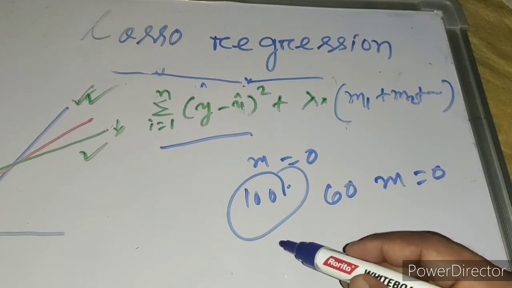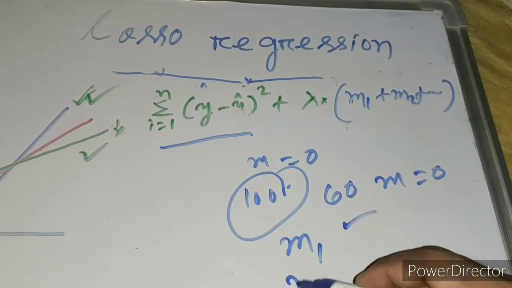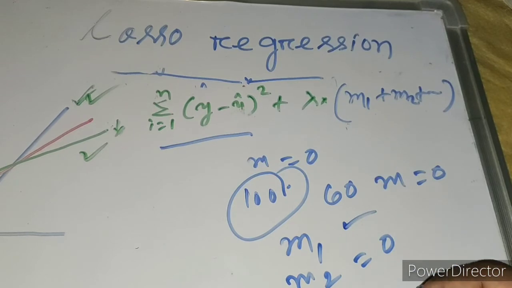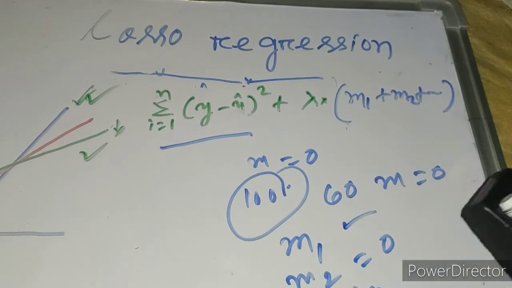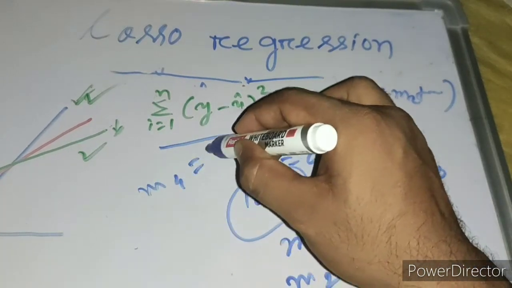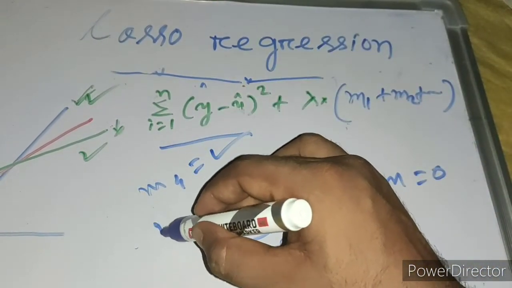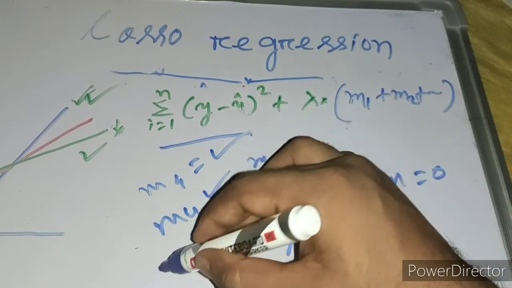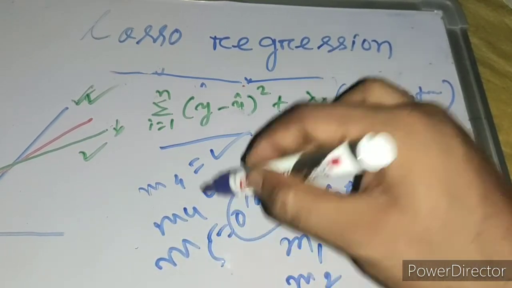For example, m1 has a value, m2 turns 0, m3 has a value, m4 has a value, m5 is equal to 0.